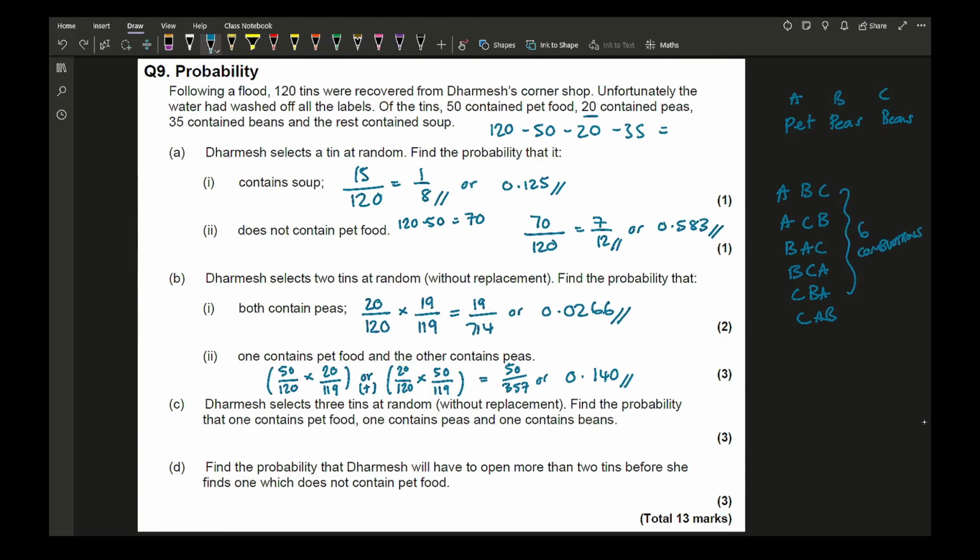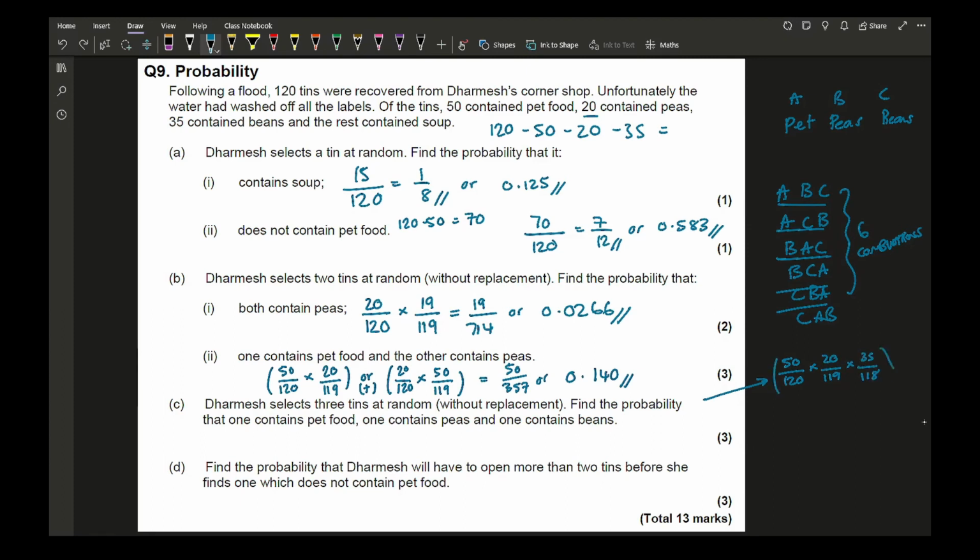Now the probabilities of each row is going to be exactly the same. Even though the numbers in the fraction will be slightly different, it's still going to give you the same answer. So here what I need to do for part C is look at A, which is pet food, which was 50 over 120, multiplied by peas, which is 20 over 119, times beans, which is 35 over 118.